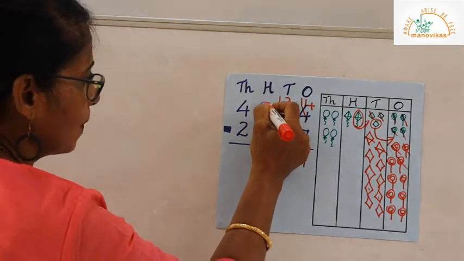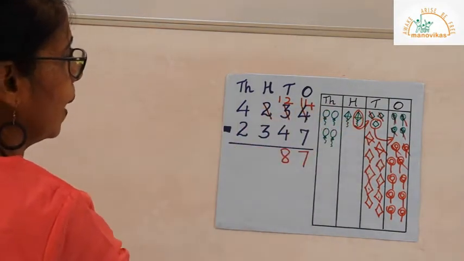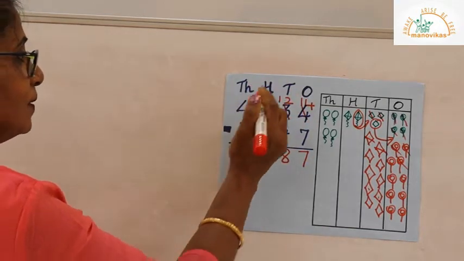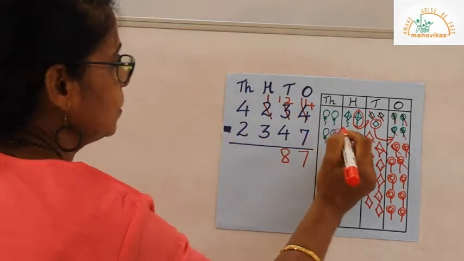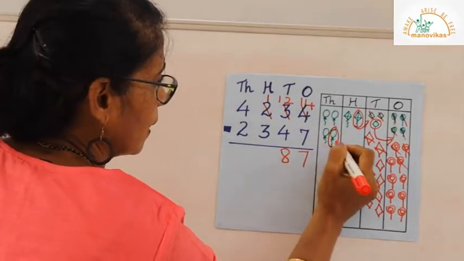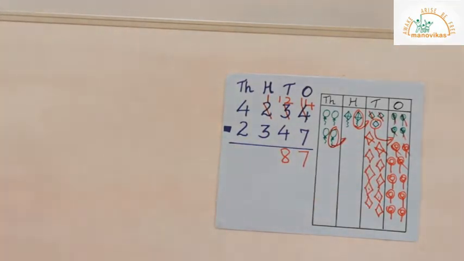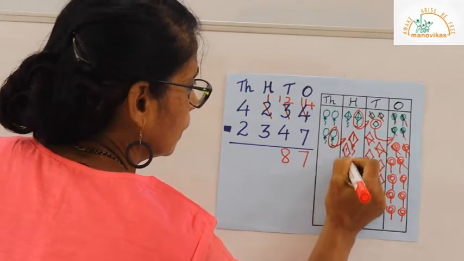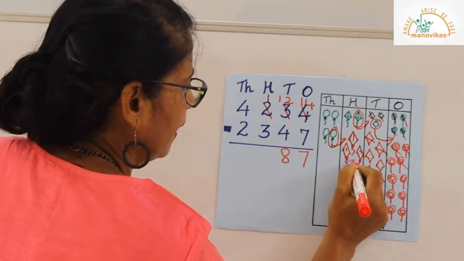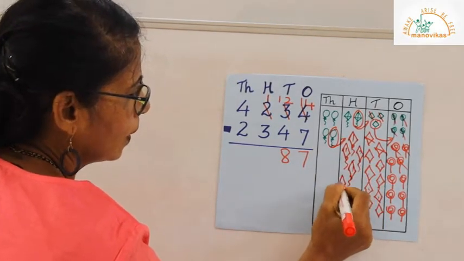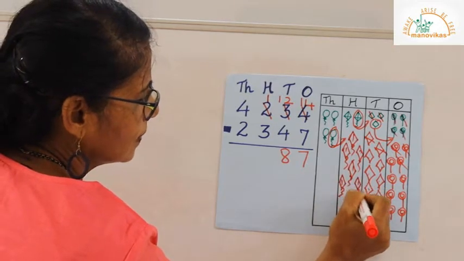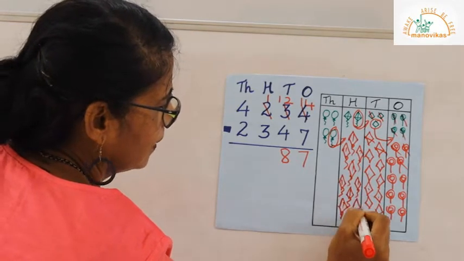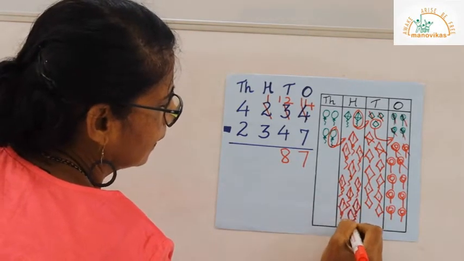Again it's the same, we need to borrow because we have only 100 and the below number is 300. We cannot minus 300 from 100. So we need to take from the thousands place. When we take 1000, we get 10 hundreds. So 1, 2, 3, 4, 5, 6, 7, 8, 9, 10.